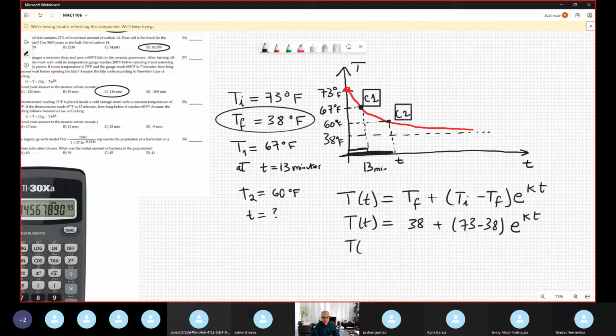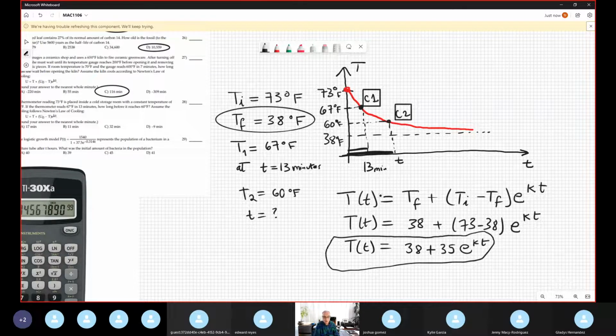Therefore, subtracting, 73 minus 38 is 35. 38 plus 35 e to the kt. That is my specific formula in this problem, according to the conditions given at the beginning.